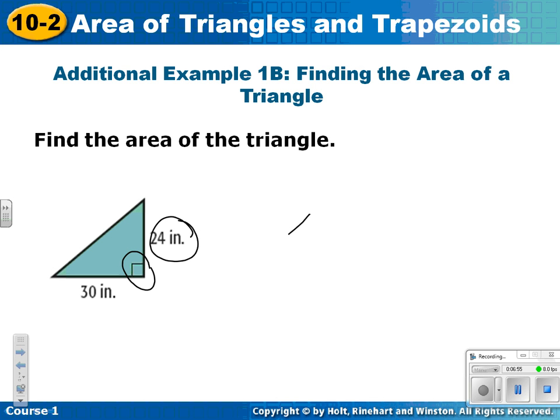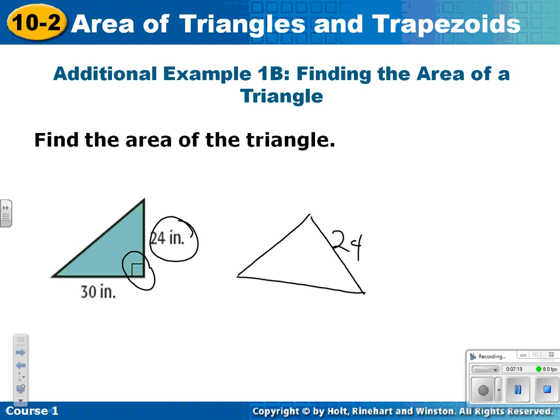If we did it differently, say we had this triangle. I told you I'm not very good at drawing. And then it said that this was 24. This certainly doesn't give me my height because this is on a slant. This line is on an angle here.